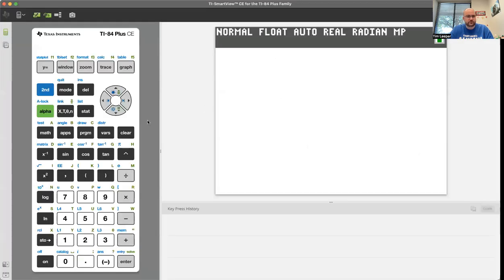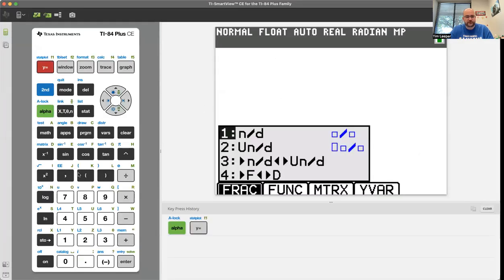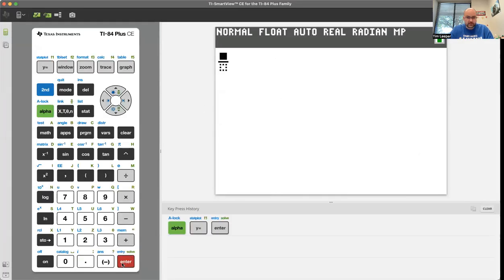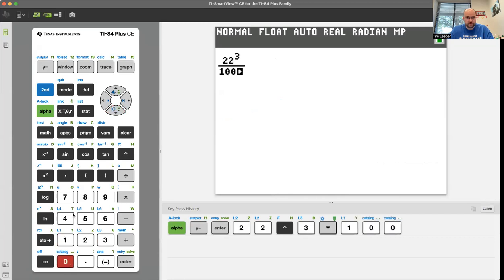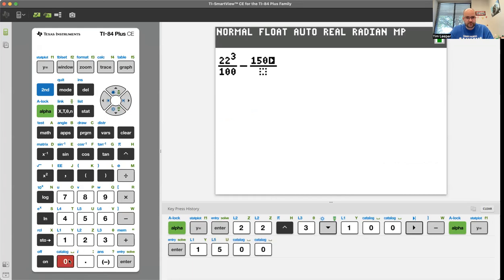So let's go to the calculator here. Let's type this in. Alpha y equals enter. That gives me 22 cubed over 100, and then minus 1500 divided by 22.